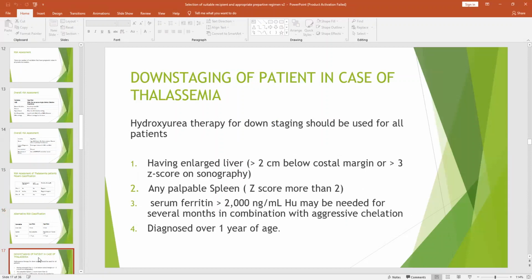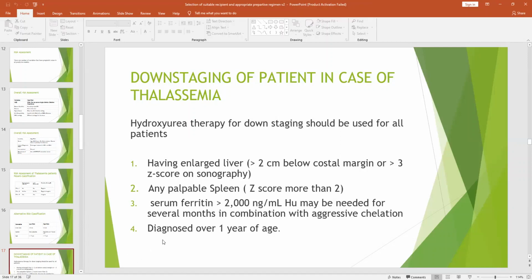Then the downstaging of the patient in case of thalassemia. Usually we use hydroxyurea for downstaging, with a large liver more than 2 centimeter below the costal margin or 3 Z-score on sonography. Using hydroxyurea with any palpable spleen Z-score more than 2, and serum ferritin more than 2000 nanogram per milliliter, hydroxyurea will be more needed.